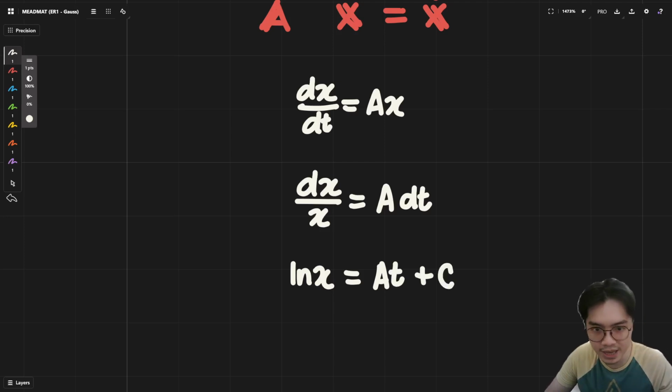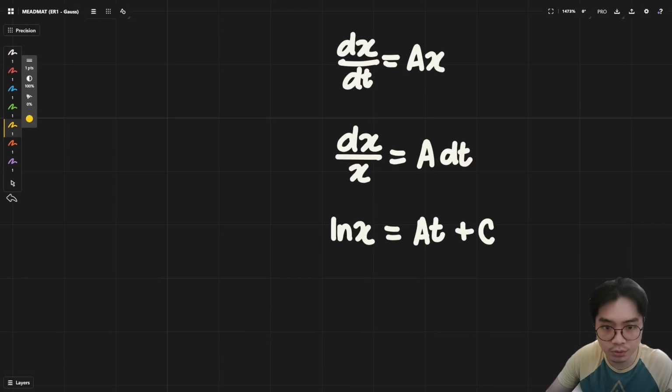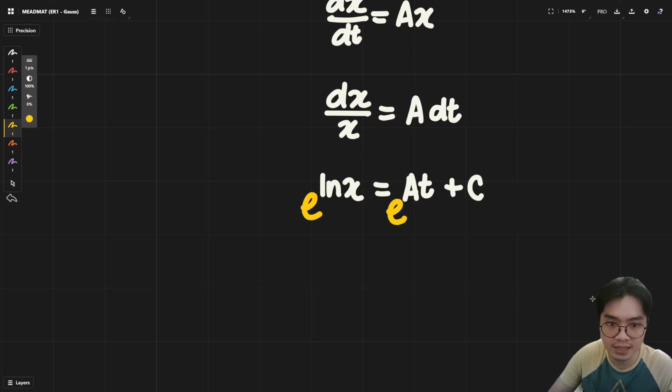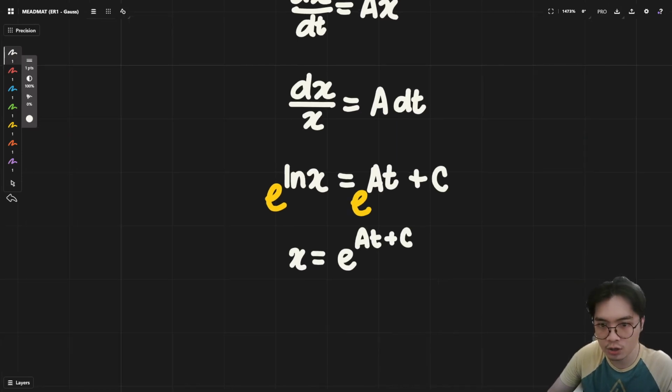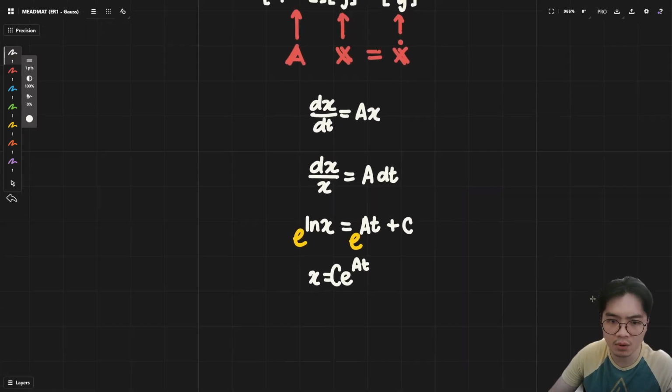Then you can raise e to both sides, because there is a specific interaction between e and ln, and you get x is equal to e raised to at plus c. Because there is a plus in the exponent, you can separate them, and now this thing is itself a constant.